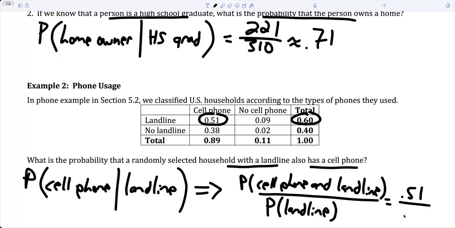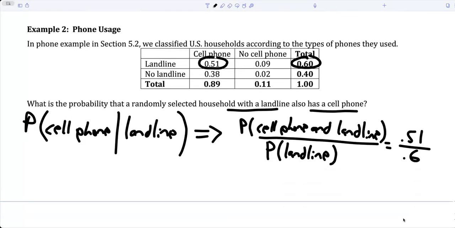So we're going to have 0.51 divided by 0.6, which is approximately 0.85. Okay. Questions for me so far? Conditional probability is always intersection over condition, okay? And I believe that that is also on your formula chart there.